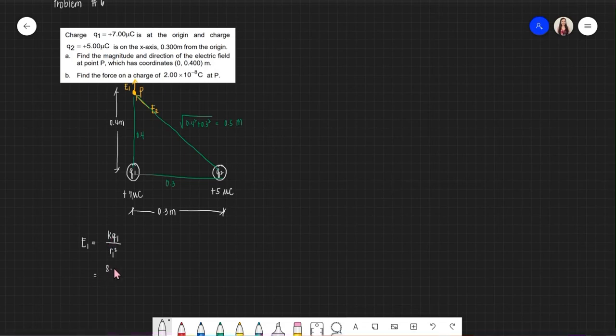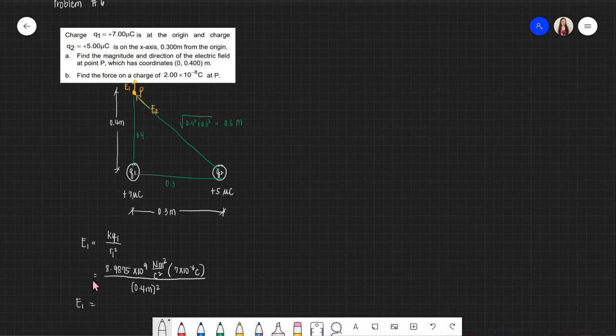So that's 8.9875 times 10 to the power of 9 newton meter squared per coulomb squared times Q1, which is 7 times 10 to the negative 6 coulombs, divided by the distance between them, 0.4 meters quantity squared.